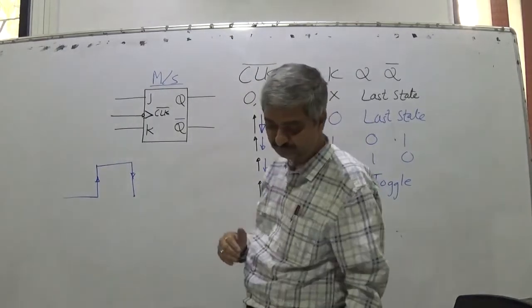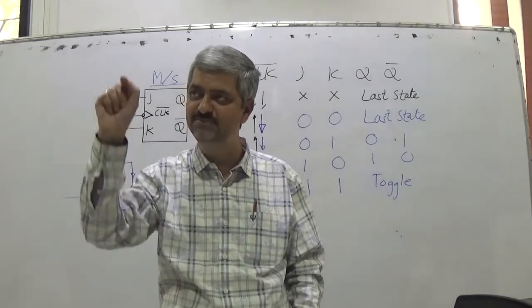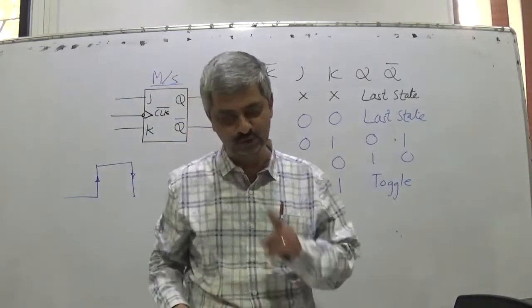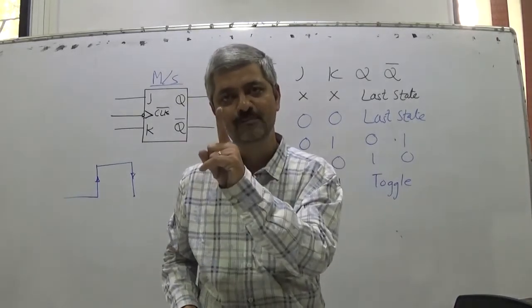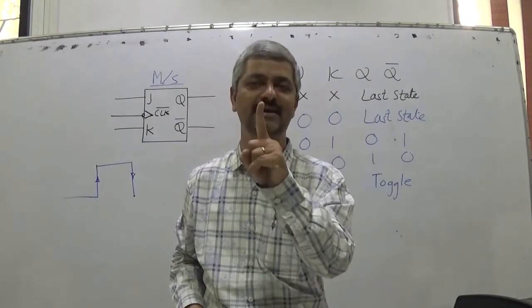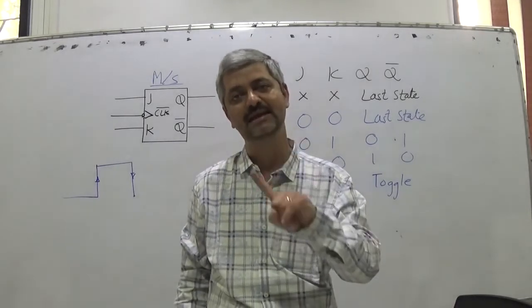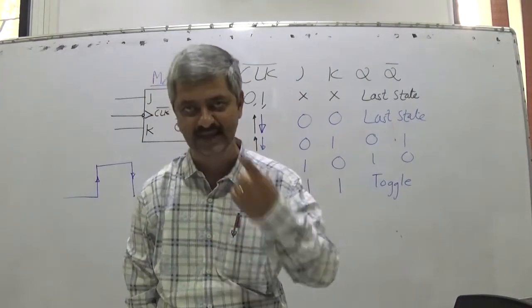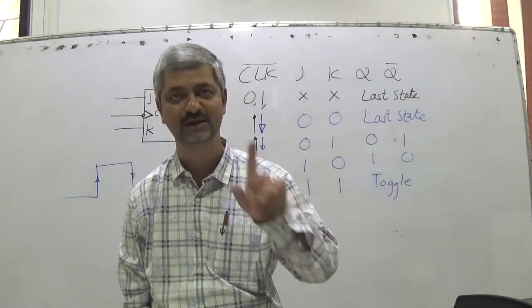Now in this scenario, when a pulse comes, clock goes high and then goes low. So a rising edge followed by a falling edge: the inputs J and K are checked by the flip-flop at the time of rising edge, and the outputs are delivered at the time of falling edge.